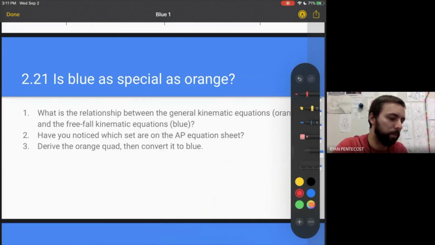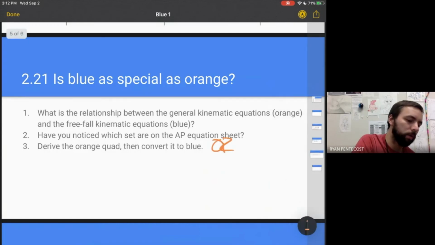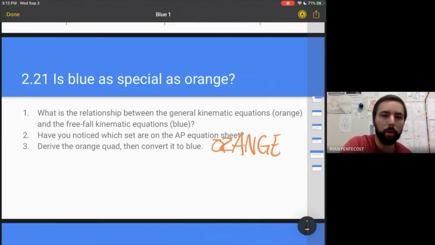That's why I want a pen. So the orange equations are the only ones that show up on the AP equation sheet. At the end of this class, I'm hoping that all of you are taking the AP test, but I also want you most prepared for the AP test.